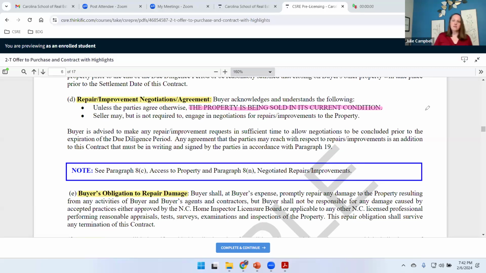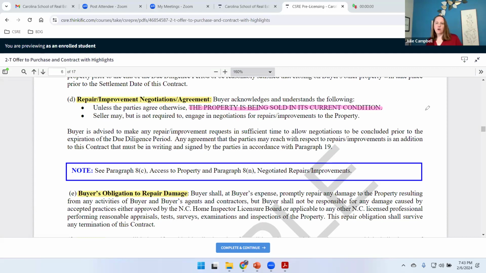If the seller's not going to fix anything, the buyer now has a decision to make. Now knowing what I know, do I want to move forward with or terminate this transaction? We need to be asking for repairs while we're still in due diligence. Because if the seller says no, the buyer has a decision to make.